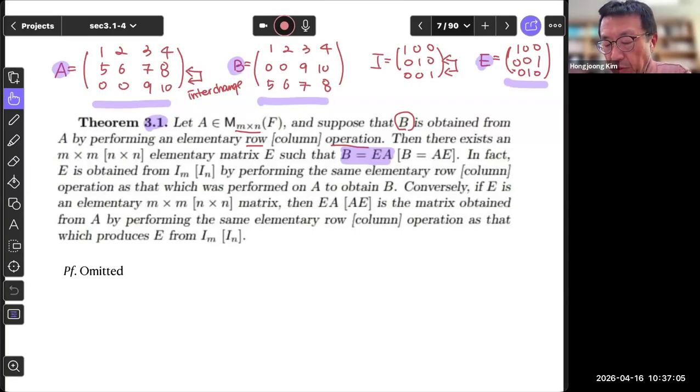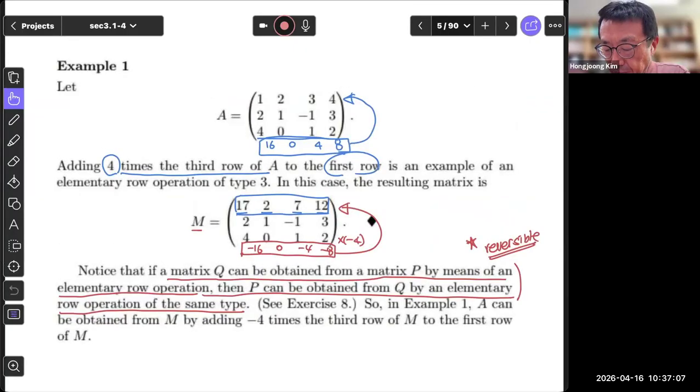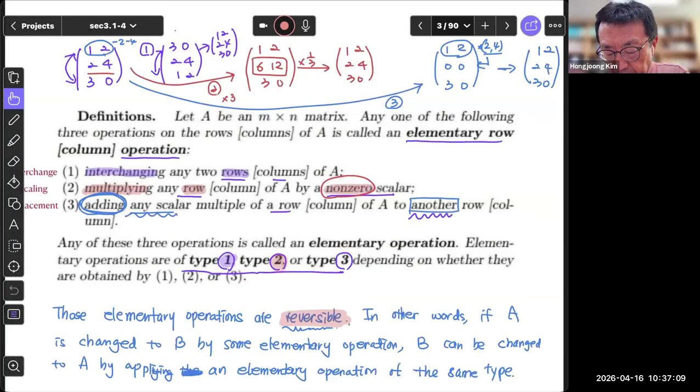Let me go back to the definition and explain this again. Given any m by m matrix A, the following 3 operations will be called elementary operations.